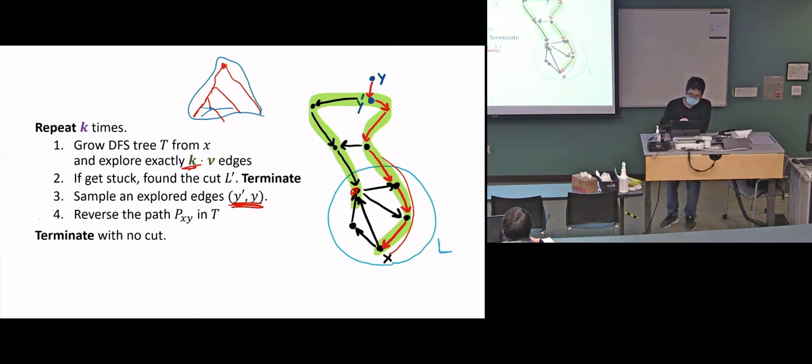The total number of edges here is at most mu times k. And then you take one edge inside this set, call it y and y prime, and take that as your edge.